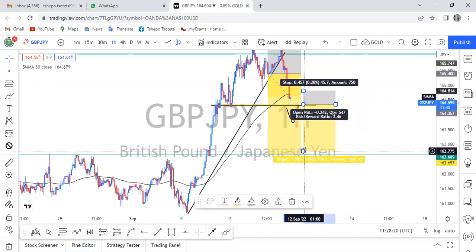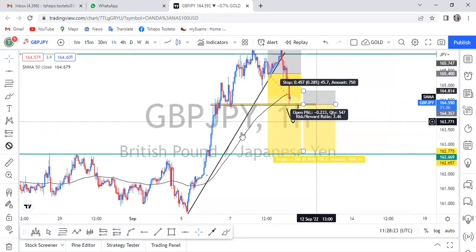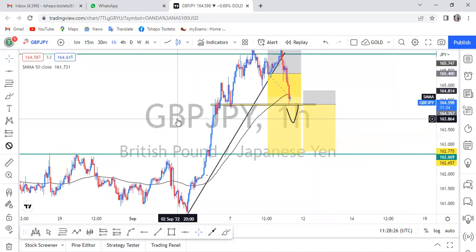So guys, do you see another entry here? We have another entry. Do you see it? With this entry, I will take it at 2 o'clock. I don't know if you guys see the entry that I'm talking about. Look at the moving average.